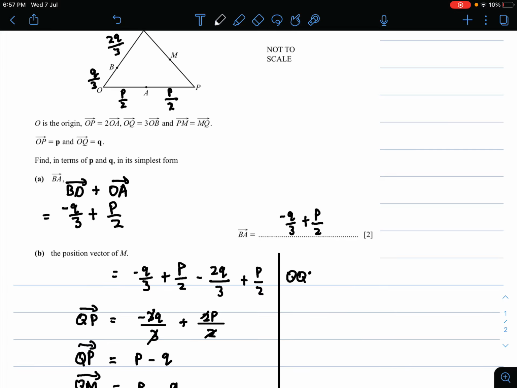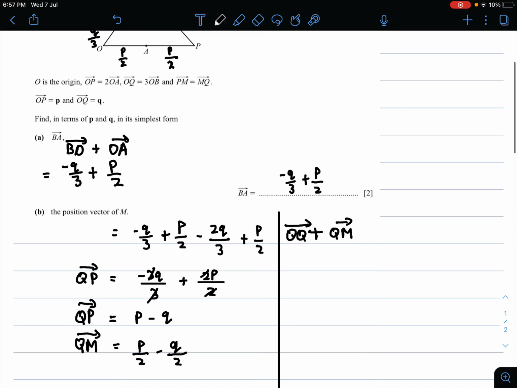So OQ plus QM. So OQ, as they've given you, is Q plus QM, which is P by 2 minus Q by 2.